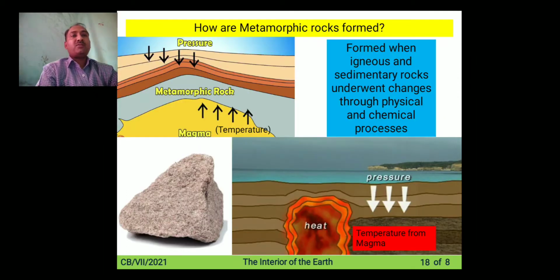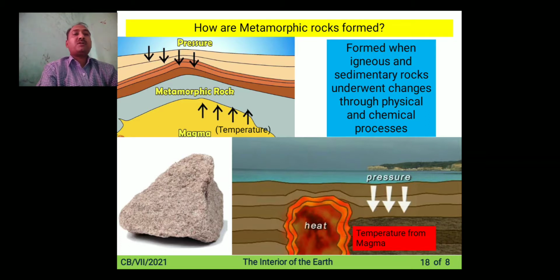Now we have to understand metamorphic rock, how the metamorphic rocks are formed. So here it is a process which is mentioned here. This particular kind of rock is formed when igneous rocks and sedimentary rocks undergo changes through physical and chemical processes. It means that igneous rock as well as sedimentary rocks are transformed into another kind of rock.